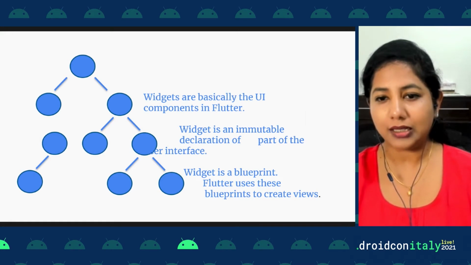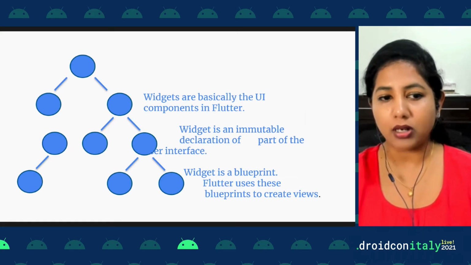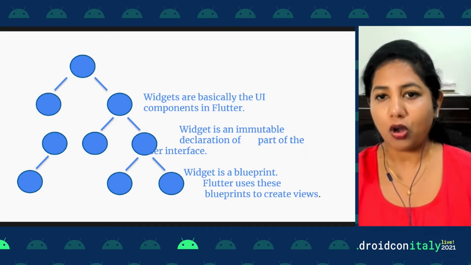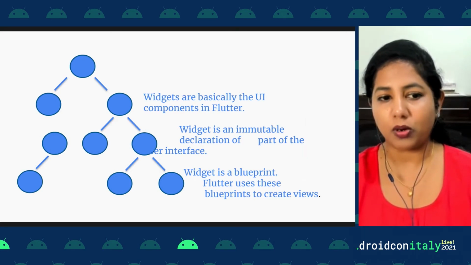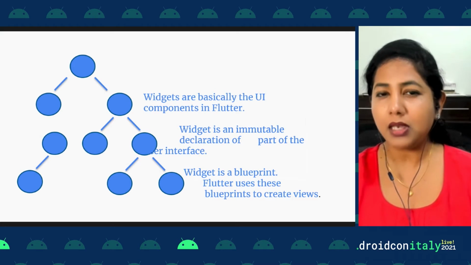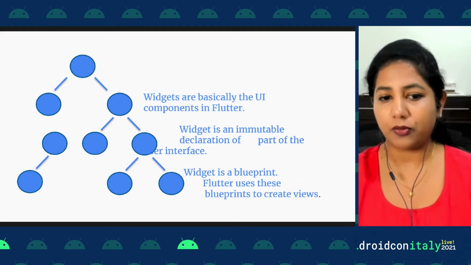Now let's see what the types of widgets are and based on what they get categorized. Always when we start a Flutter project, we say either this particular widget is going to be stateless or it's going to be stateful. Now, we should always have this judging factor, this decision-making power: why do I define this as stateless? Why not stateful? Maybe in the future, it might become a stateful widget.